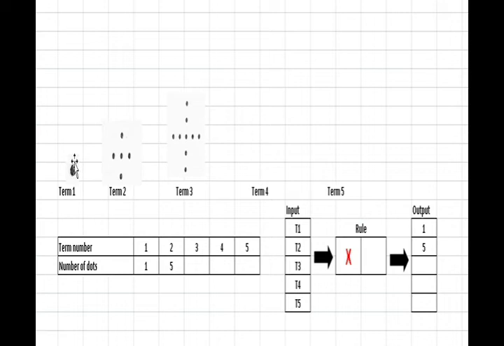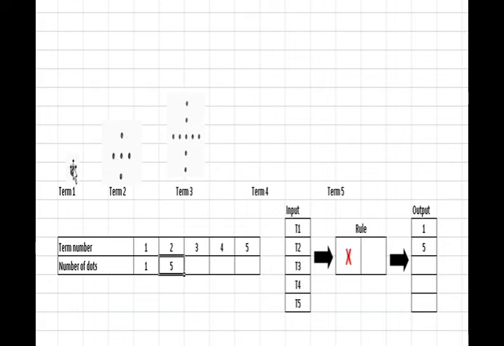In term 1, we have 1 dot, and that's already filled in for you because it's what is given. In term 2, we have 5 dots. But notice that term 2 has that same 1 dot from term 1 in the middle. Can you see?